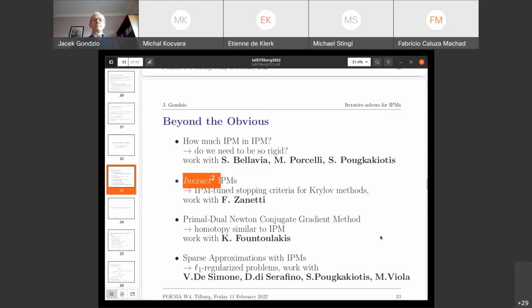Filippo Zanetti. But I also would like to draw your attention to other ways of defining homotopies, homotopies similar to interior point, which would require using some form of Newton method, but in this case, very inexact Newton conjugate gradient method.